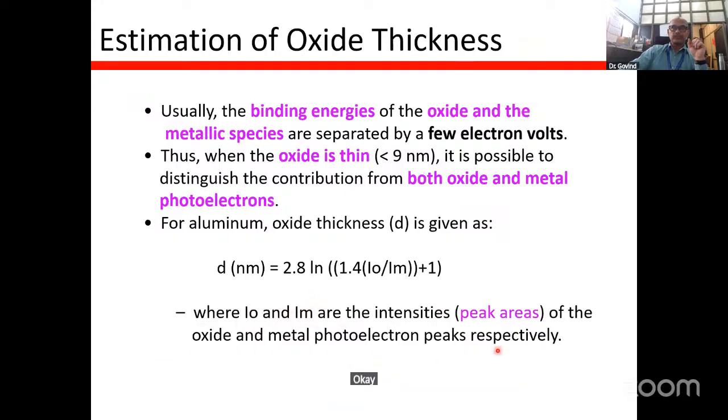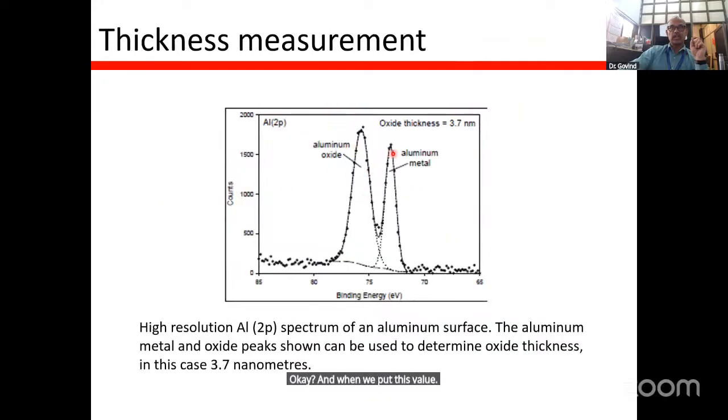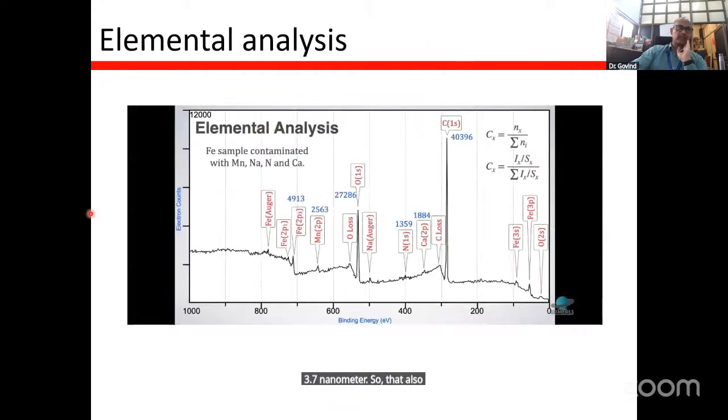See, this is the aluminum metal and this is aluminum oxide. The area under the curve we have to put in that equation, and you will get the oxide thickness. Here in this case the oxide thickness is 3.7 nanometer. So that also we can easily identify.